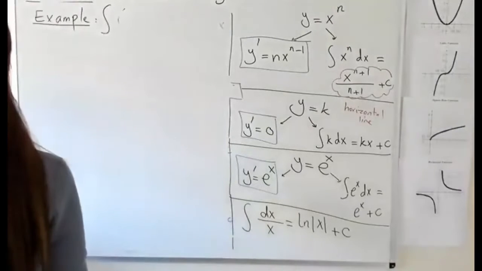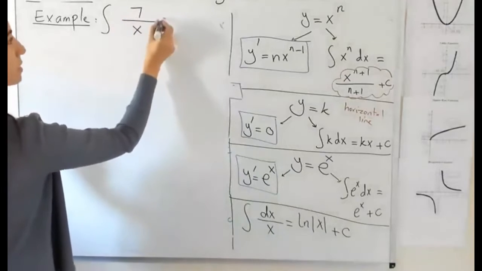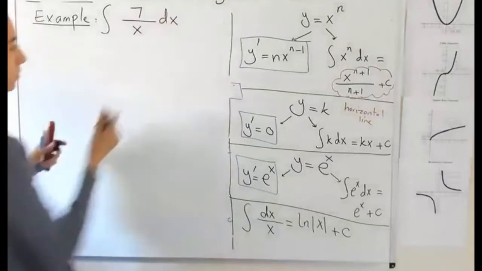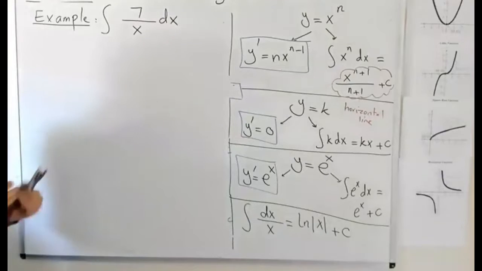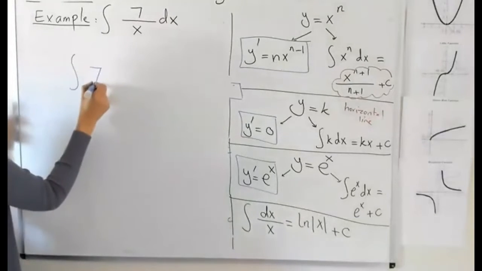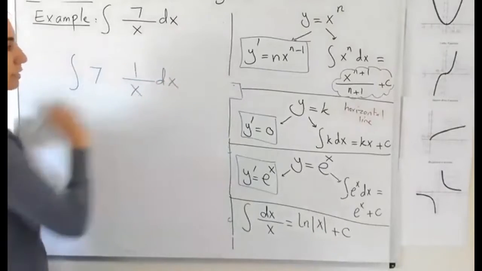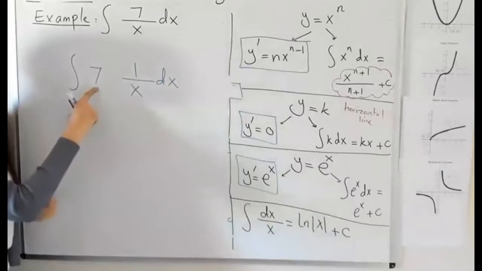So in this example, we have integral of 7 over x dx. There you go. You can write this integral as 7 times 1 over x dx. 7 is just a coefficient.